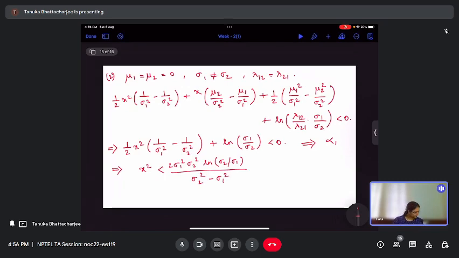So if your x square satisfies this inequality, you will take the action alpha 1, that is, you will classify x as belonging to class omega 1.